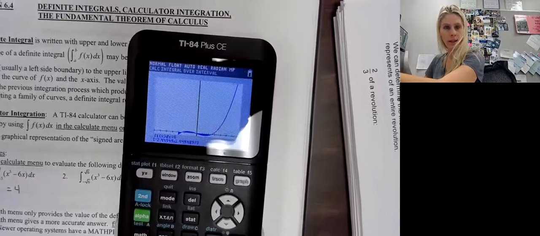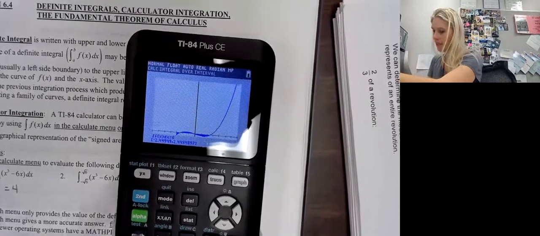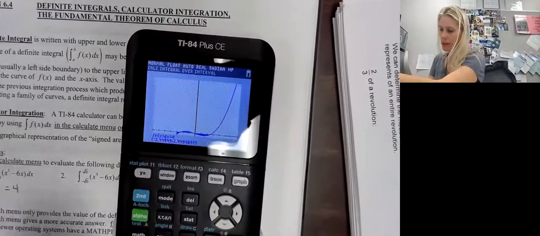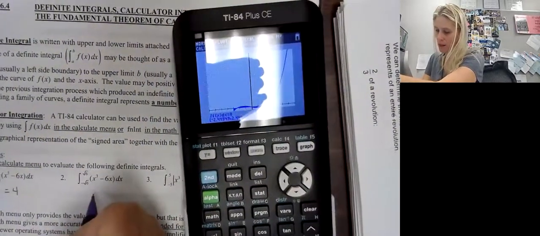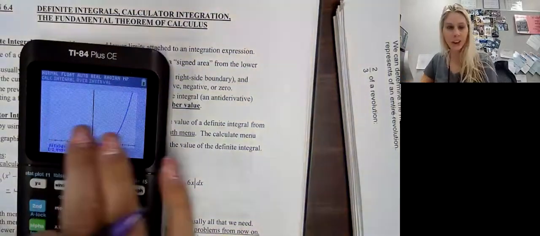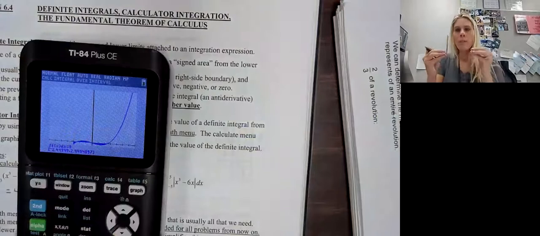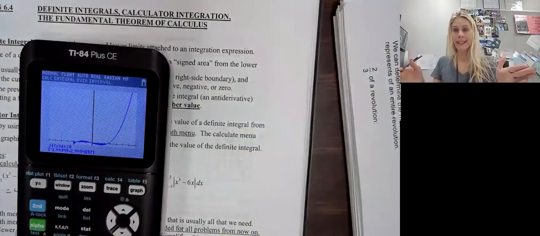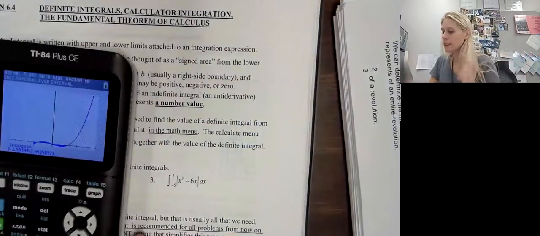And as you can see, my integral value is 0. Again, it's shading that area between the curve and the x-axis between negative square root of 6 and square root of 6.